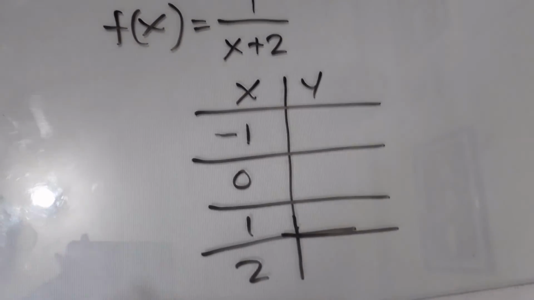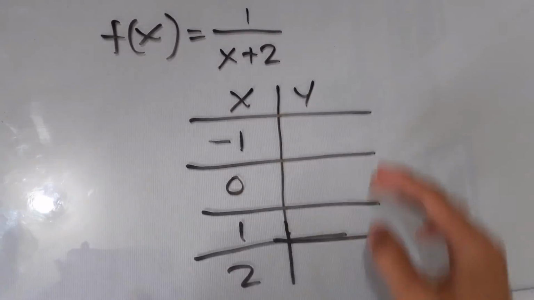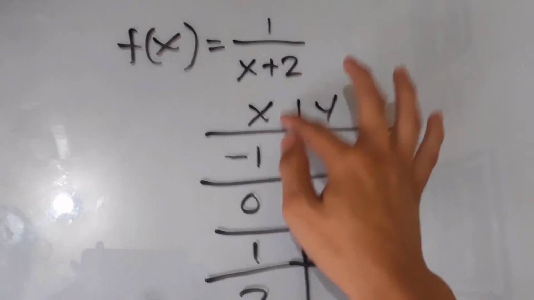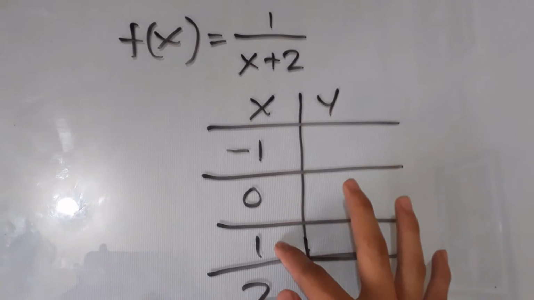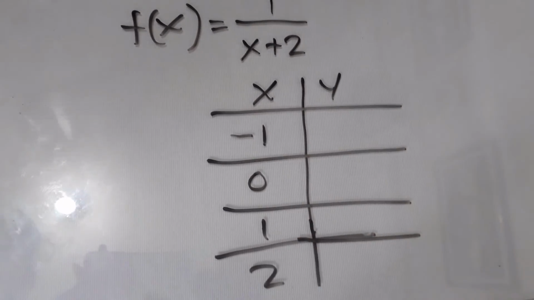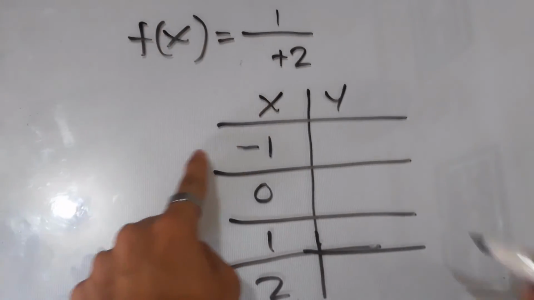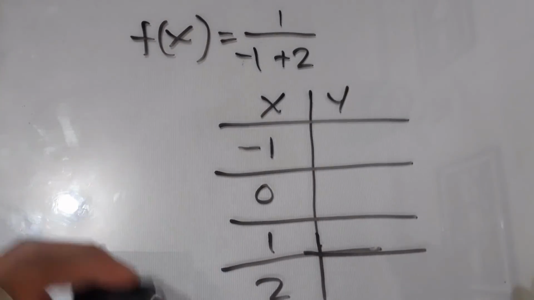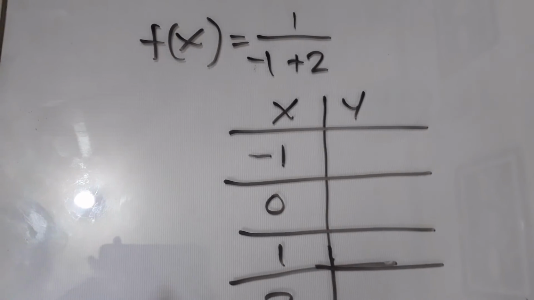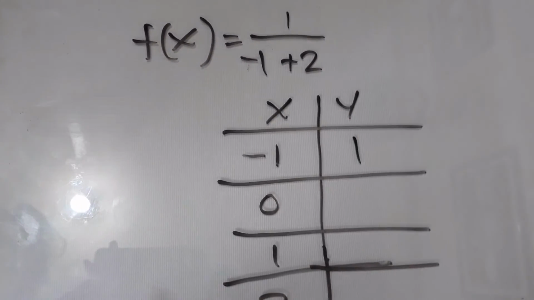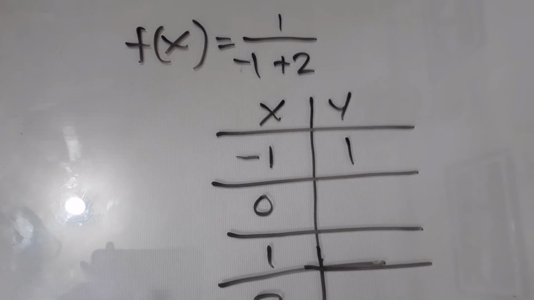Now, to get the values of y, we simply substitute the values of x. If we substitute negative 1, negative 1 plus 2 gives 1, and 1 divided by 1 is 1.